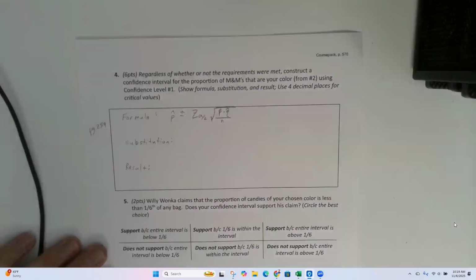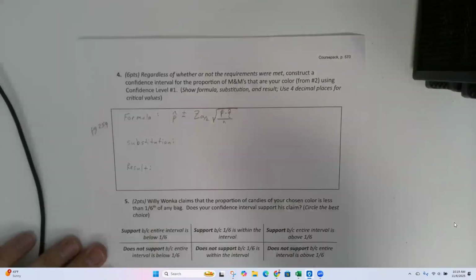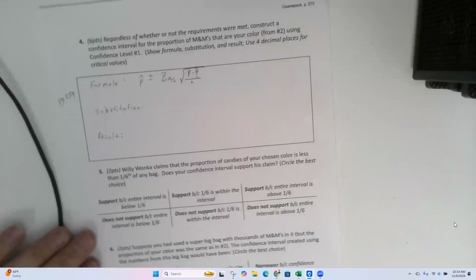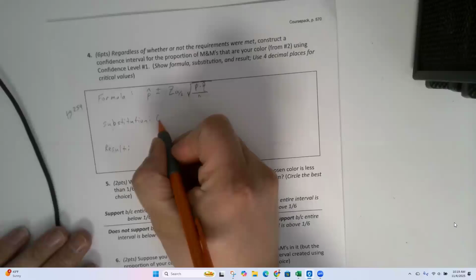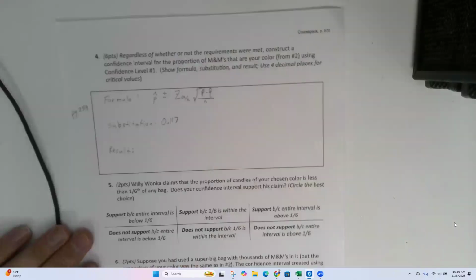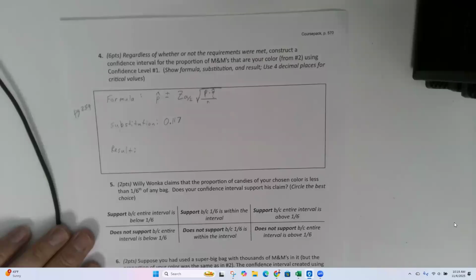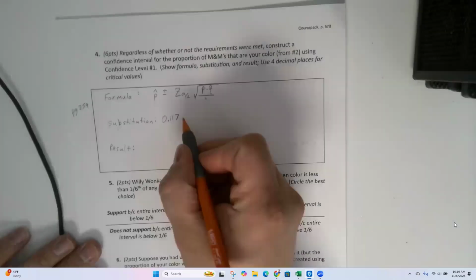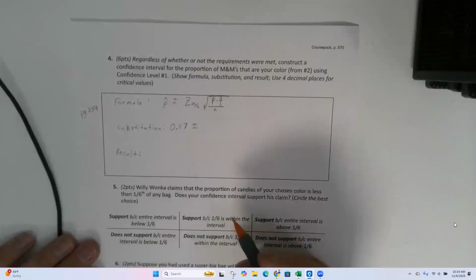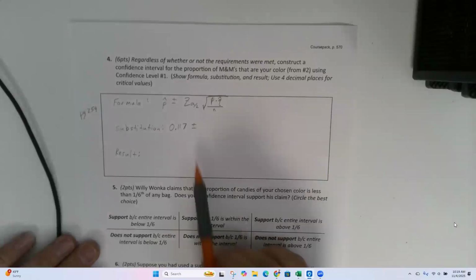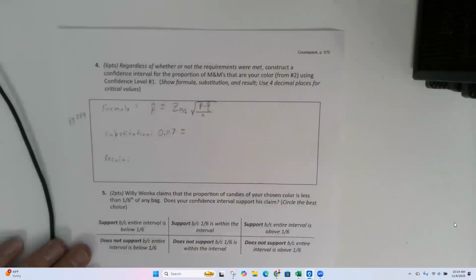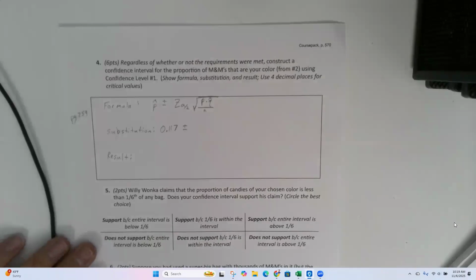All right, so substitution. First of all, we know our p hat. We calculated it on the previous page. Mine was 0.117. That is the point estimate of our confidence interval, and it's basically the center of our confidence interval. It's the middle. This plus or minus thing over here is just a calculation for the margin of error.